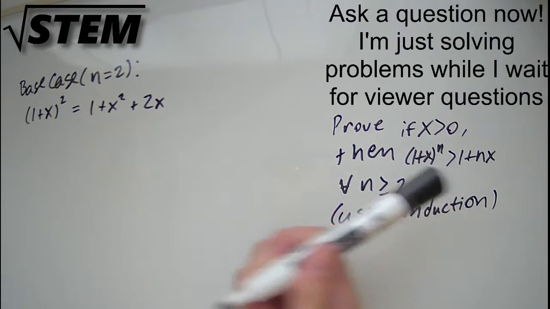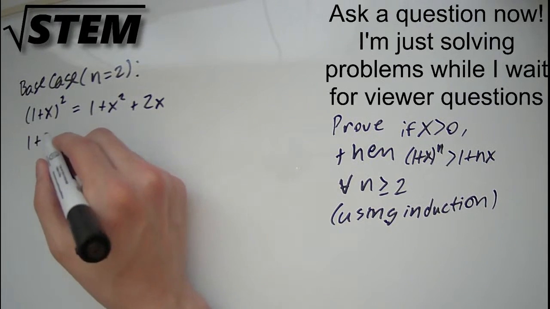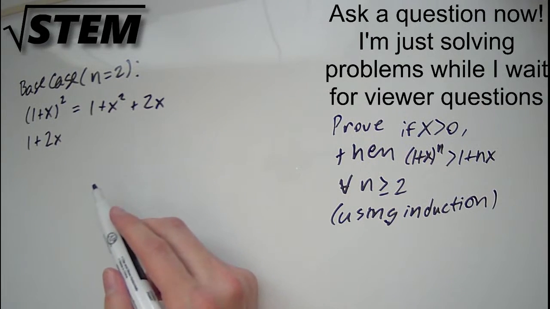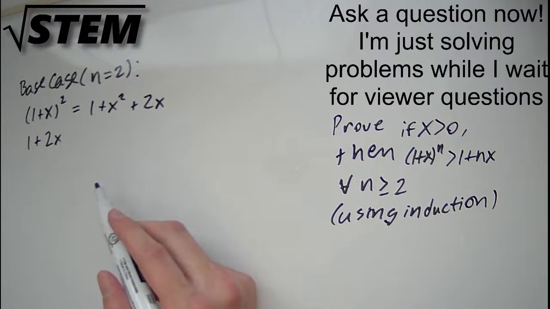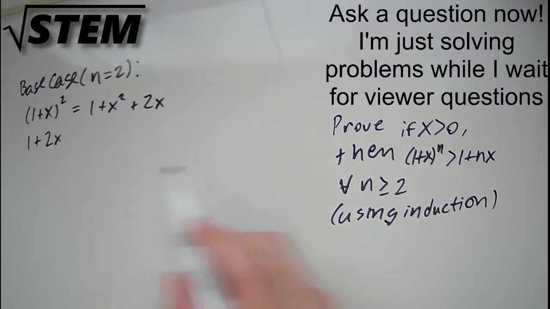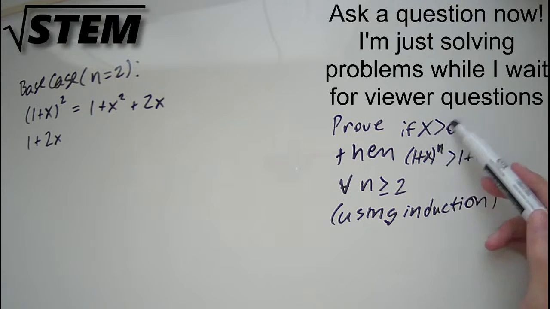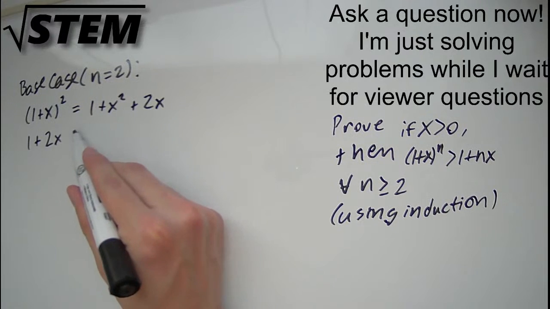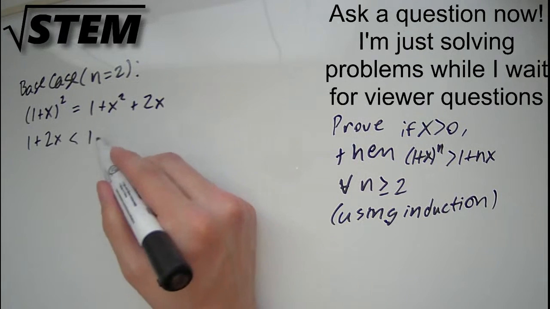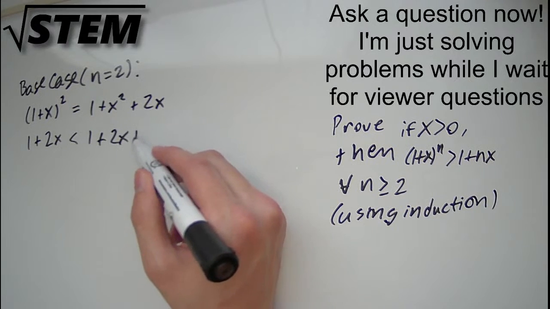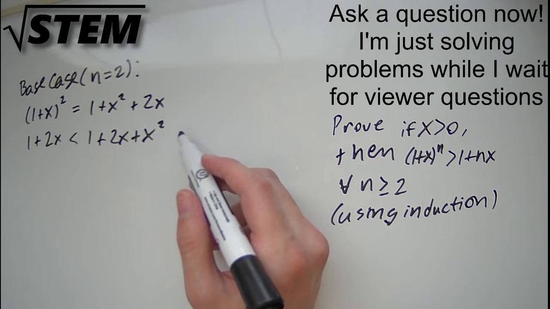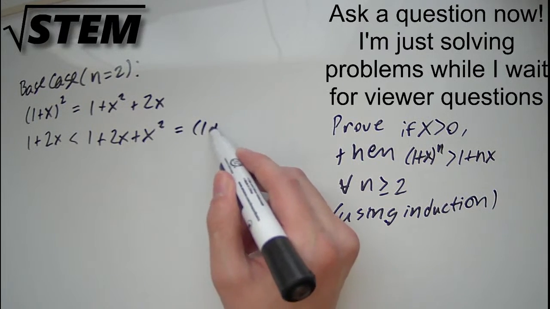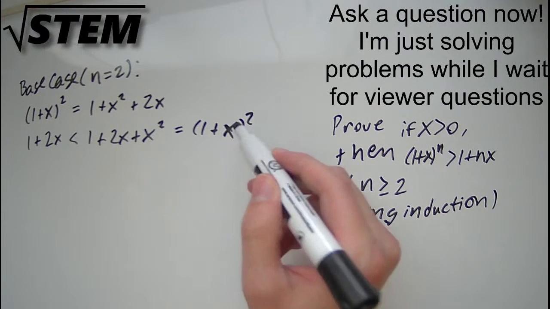Let's compare it to the right hand side. 1 plus nx, or 2 times x, is 1 plus 2 times x. And if x is greater than 0, then this has to be strictly less than 1 plus 2x plus x squared, or in other words, less than 1 plus x, whole thing squared.